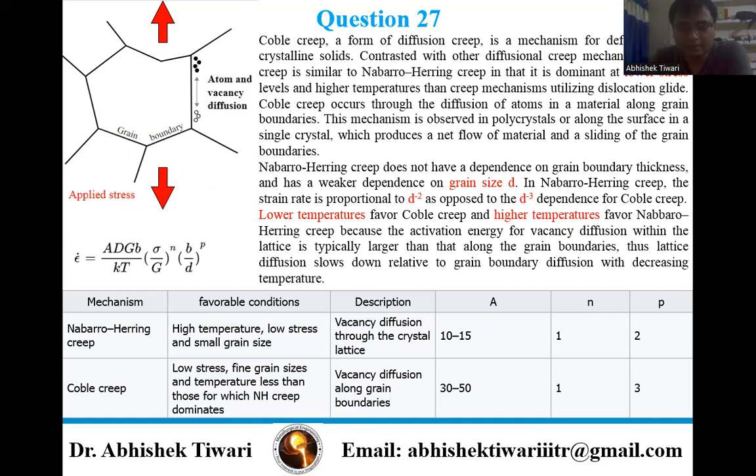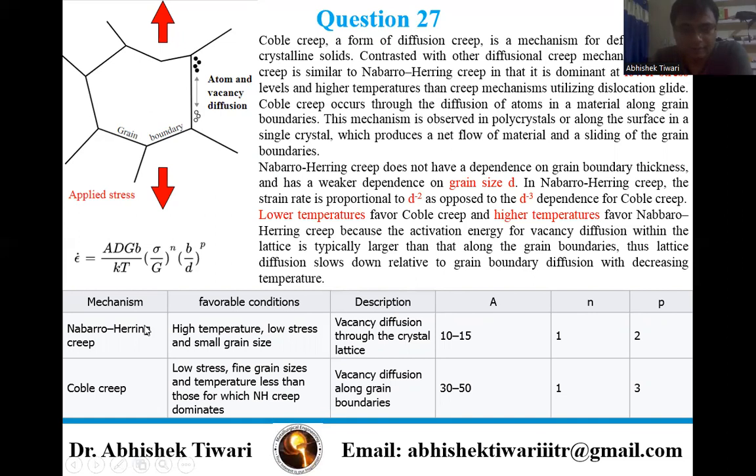The lower temperatures favor Coble creep and higher temperatures favor Nabarro-Herring creep because the activation energy for vacancy diffusion within the lattice is typically larger than that along grain boundaries. Thus, lattice diffusion slows down relative to grain boundary diffusion with decreasing temperature.